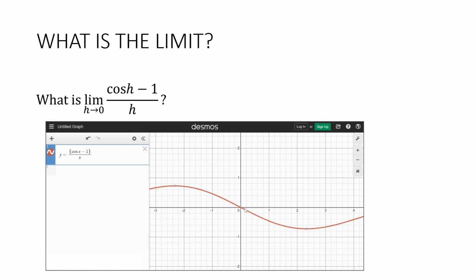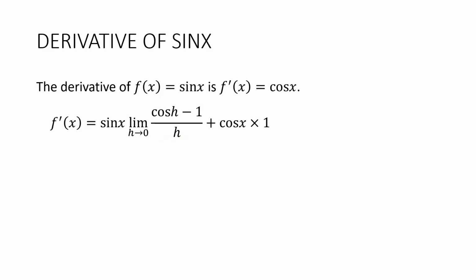So it's actually approaching 0. You can see how that curve is continuous except for that point x equals 0 or h equals 0. So this limit here is 0, which of course is going to wipe that part out, and so f dashed of x is equal to cos x, and so we've proved it.